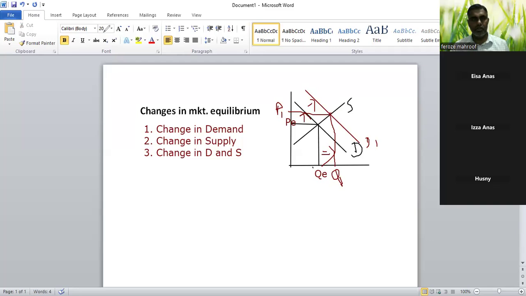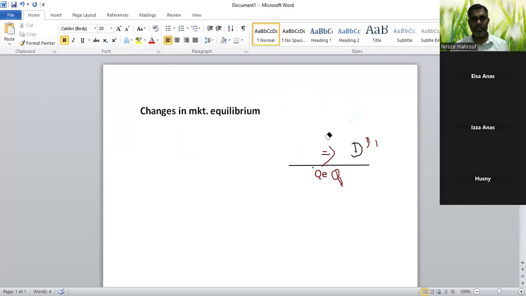Okay, so now in the same way, in case the situation is demand constant, supply changes. Let's say, for example, demand is constant, but supply changes.